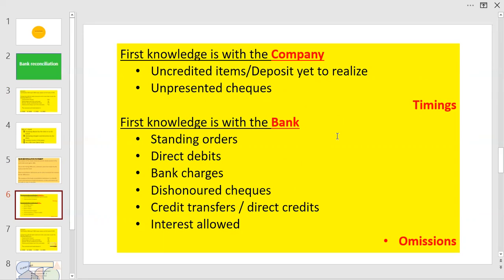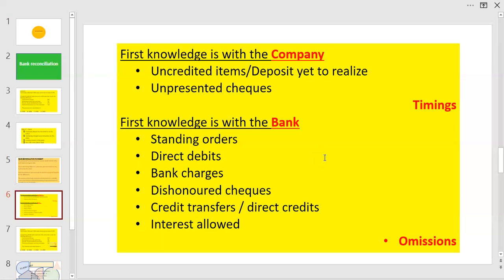So these mistakes have to be corrected, until such time our books of accounts will not be correct. Therefore, the main object of bank reconciliation statement is to first explain the reasons for the difference, and if it is to be corrected, as we have said on the second category, all those corrections will have to be made.